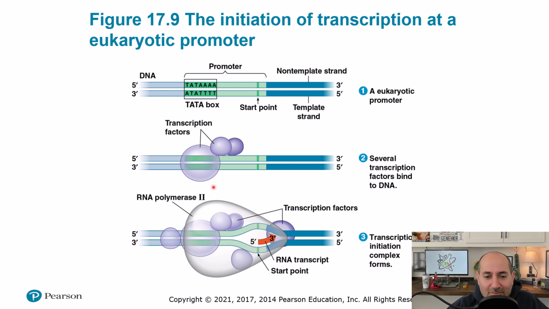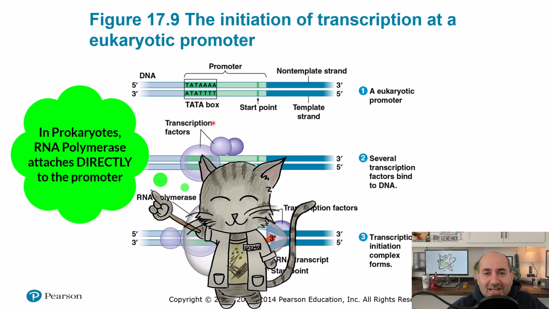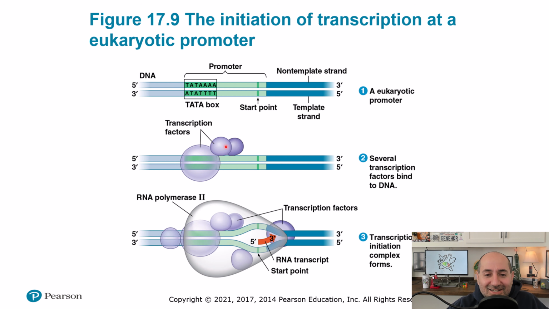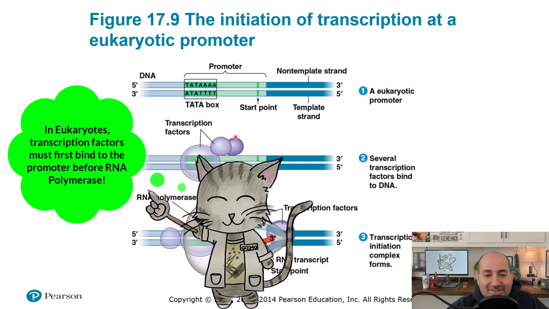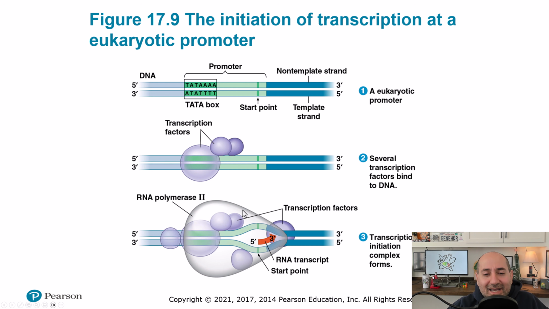The RNA polymerase attaches directly to the promoter in prokaryotes, but in eukaryotes, other proteins need to attach to the promoter first. These are known as transcription factors, and then RNA polymerase can attach. But that's the minor difference that you need to know about prokaryotes and eukaryotes.